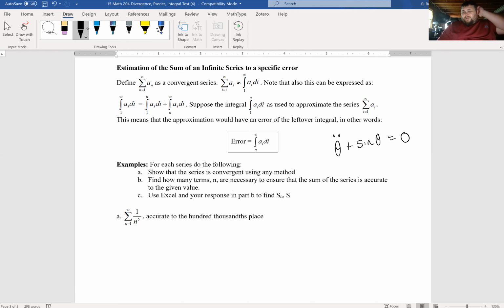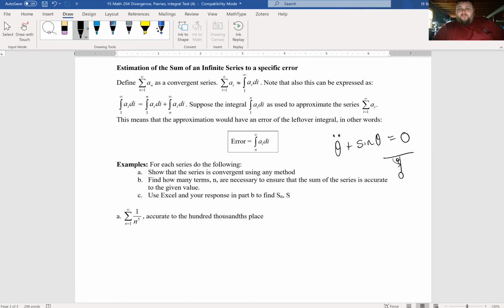So you get something like this equation here, and this is actually an equation for motion for a pendulum. Little guy swinging back and forth, right? There's our theta. So this is an equation you would see, say, in physics for the motion of a pendulum. And this is, in fact, a differential equation.